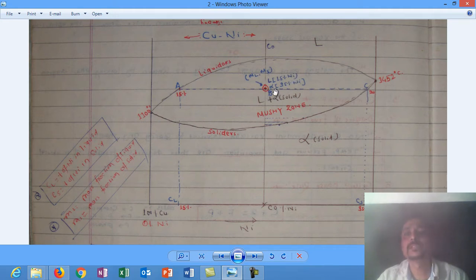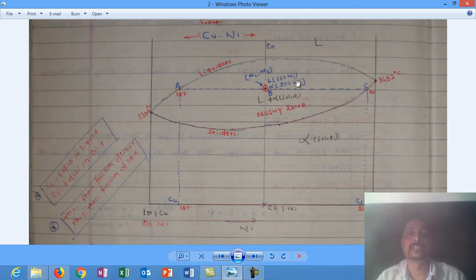Now, this line cuts the solidus. If you draw this vertical line, it cuts here at 95% nickel. That means in the solid phase, in alpha, 95% of nickel will be there.